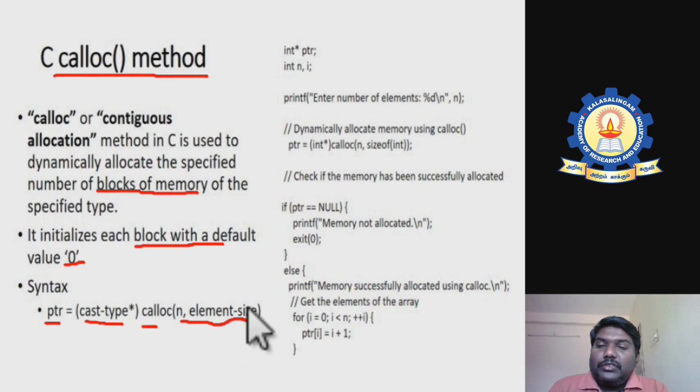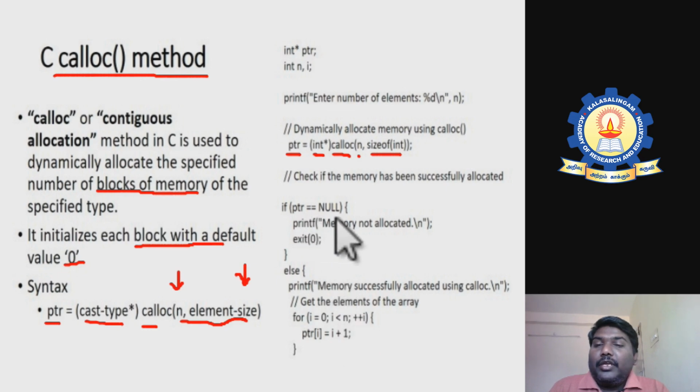In the previous example, we just had the total size, but here we specify the number of elements and then the size of each element. So when declaring this, we'll use ptr = (int *) calloc(n, sizeof(int)), the number of elements, then the size of integer. Previously, this was n times the size of integer, the total size. But here the syntax is different: n comma the size of integer. So there's a difference here. The other things are the same.